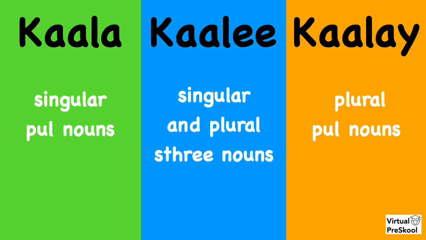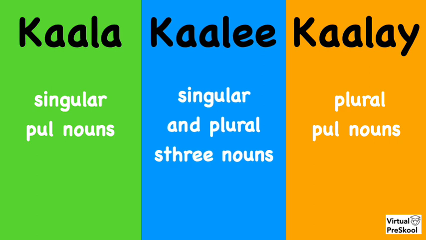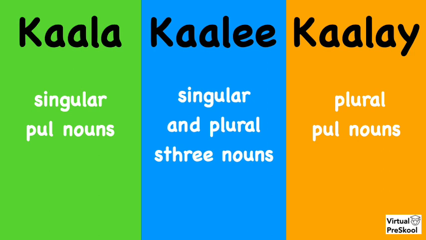Because it was 3 chashma, we use kale, because look at the chart. Kale is for plural pull nouns. Now, what if there were 2 pairs of black underwear? So underwear, remember, is chaddi, and that's a stri noun. So that would become kali chaddi, do kali chaddi. And again, looking at the chart, kali is the inflection that we use for stri nouns.